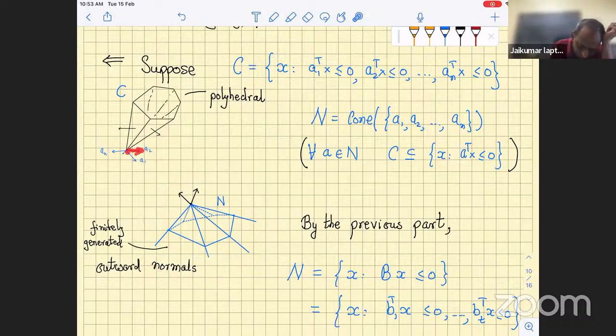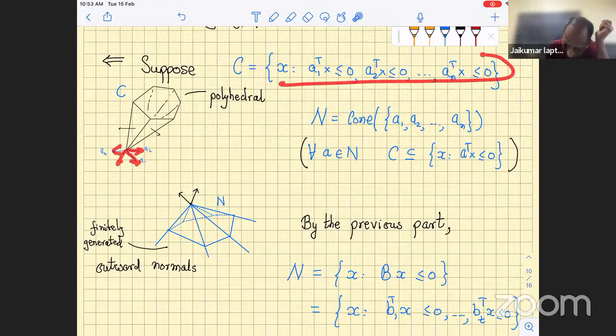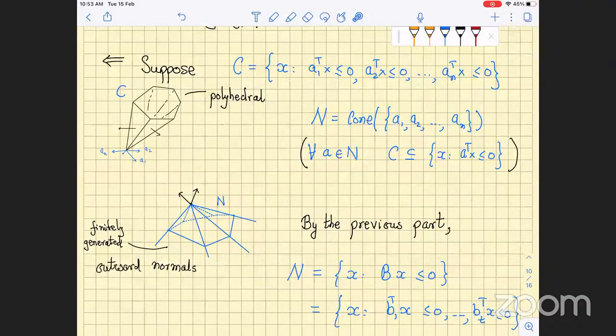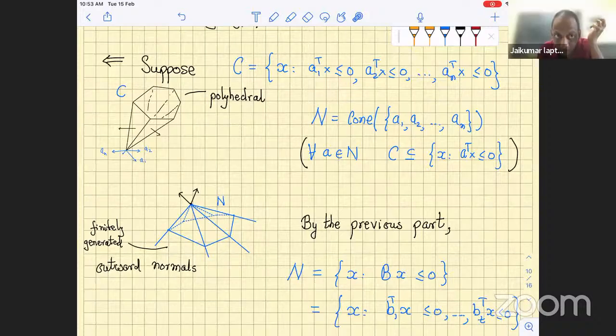I took the normals for each of those hyperplanes which participated in this definition. Temporarily, I forgot about this cone, wrote down those things, and produced this cone. Now, this was a polyhedral cone, and this one is a finitely generated cone.